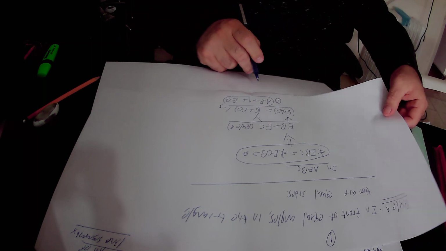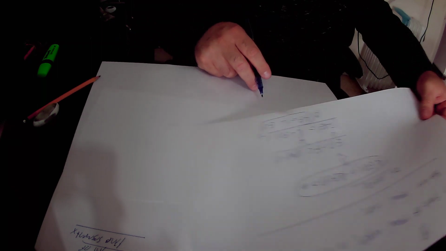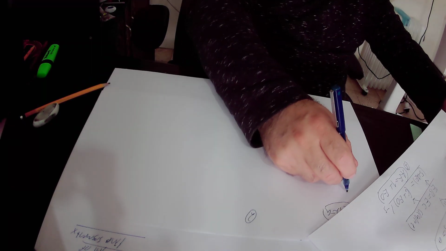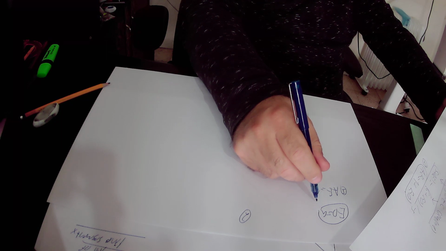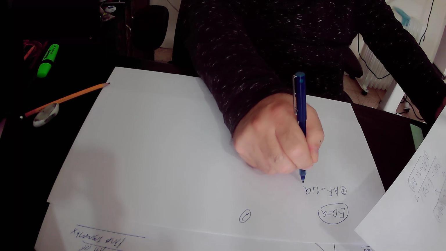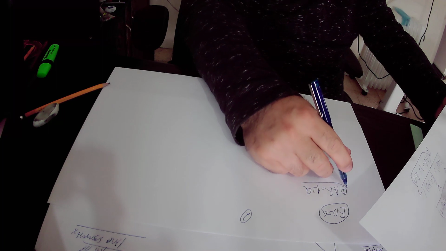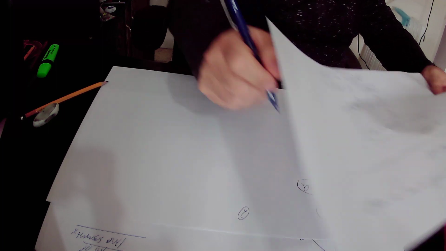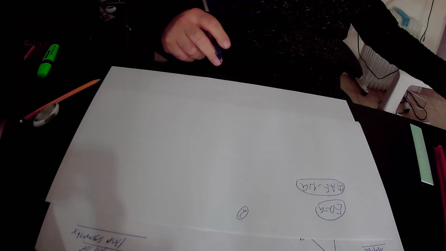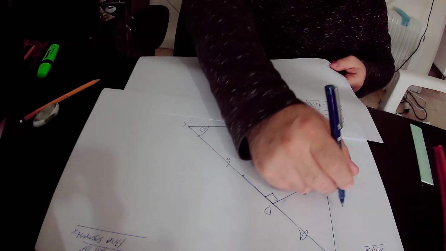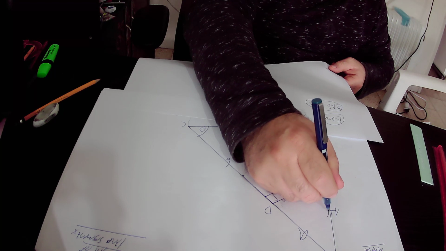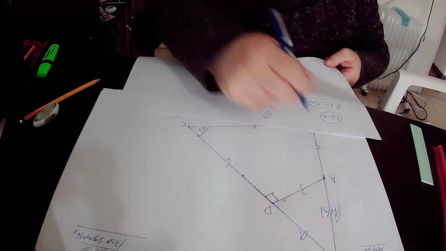So we get that AE, according to equation number 1, equals 1 plus ED, and we substitute ED by A, and we get that AE equals 1 plus A. Okay?